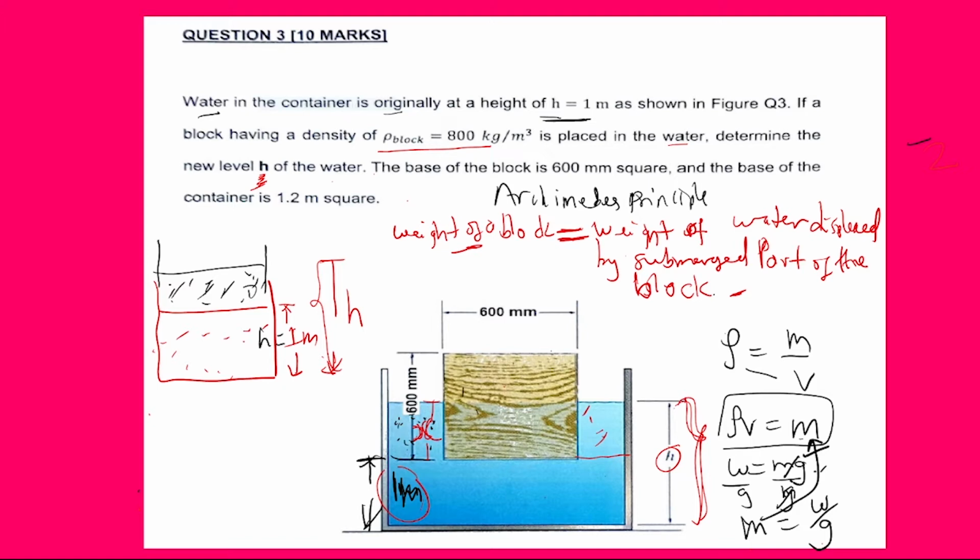So then I'm going to say density times volume, instead of the mass, I'll say W over G. And then I'll multiply by G, so density times volume times gravity equals W. So I'm going to replace that one and that one right there. Now let's replace.